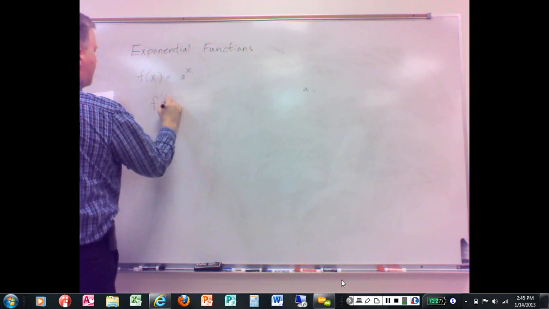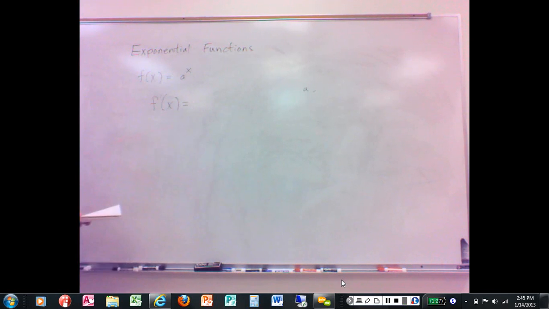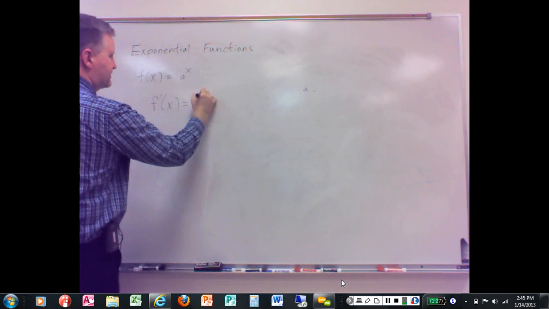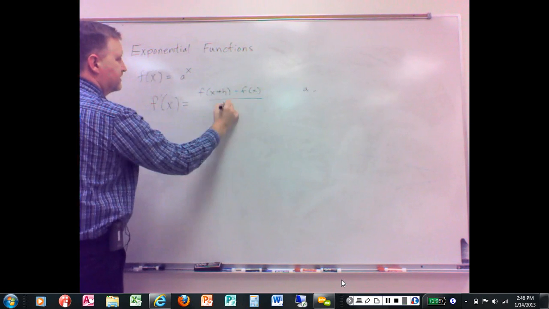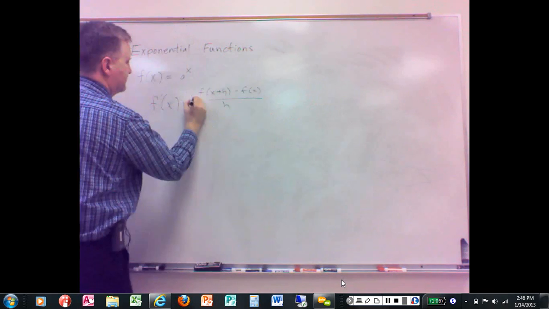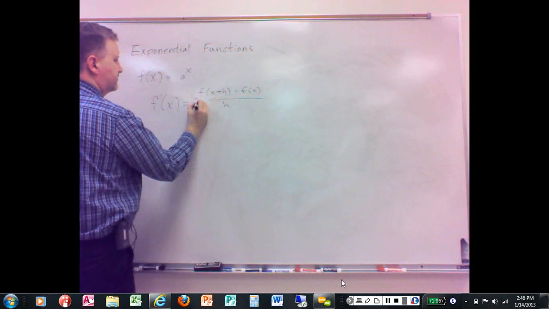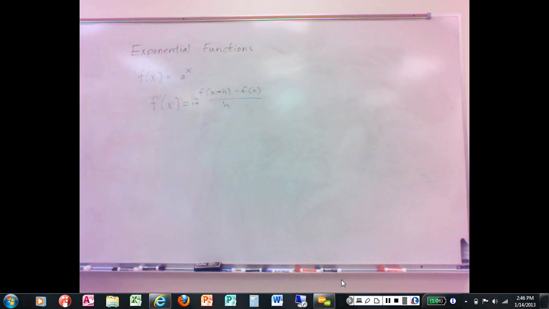So f prime of x, by definition of derivative, would be f of x plus h minus f of x over h, limit as h goes to 0. Forgot that part. Okay? A little bit rusty.